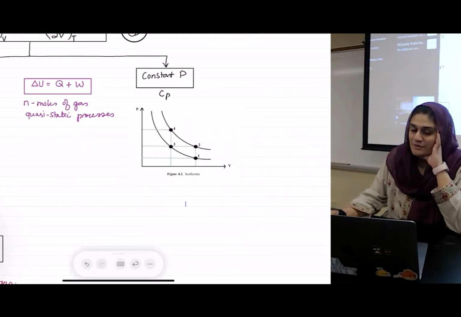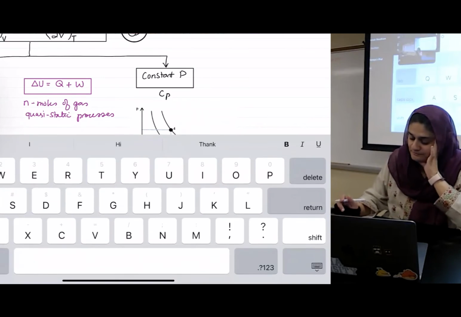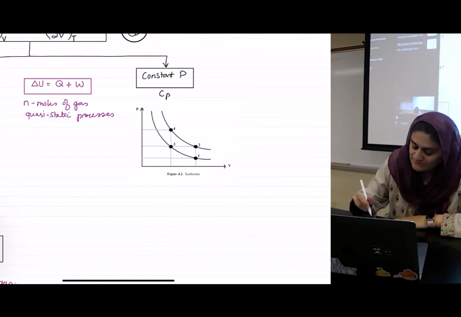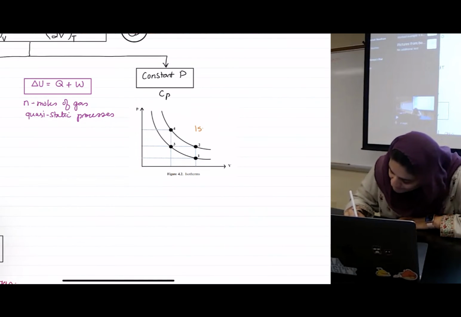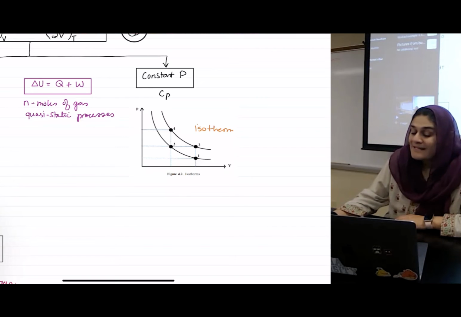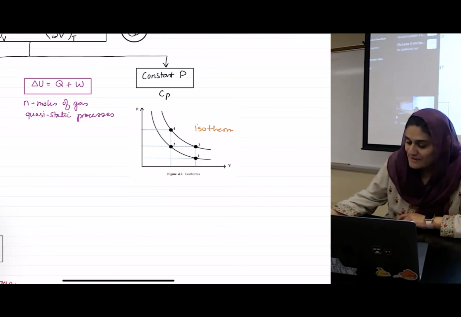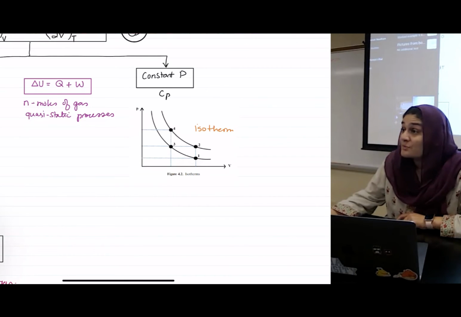What does the word isotherm mean? Same temperature. Isotherm. These two lines coming down are isotherms. However, they do differ in temperature from each other.